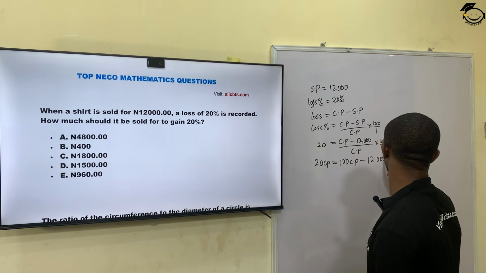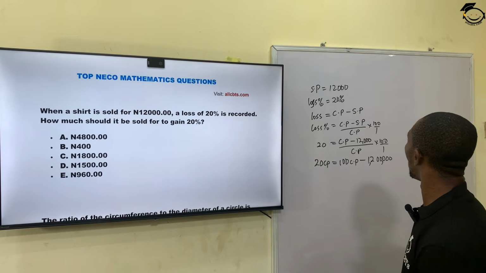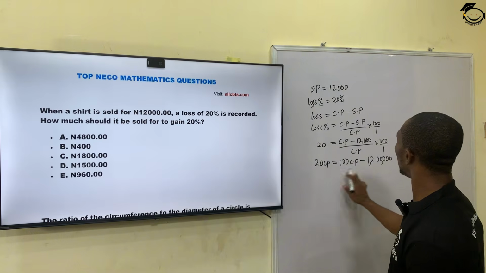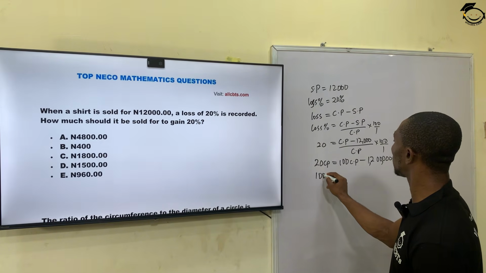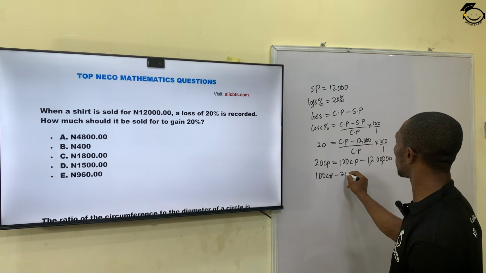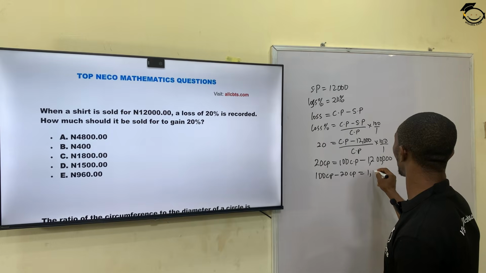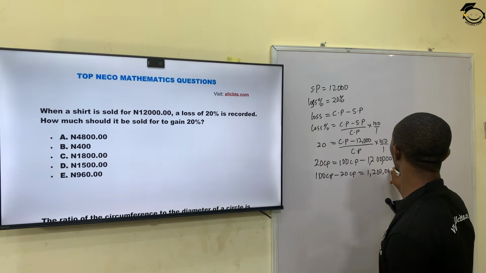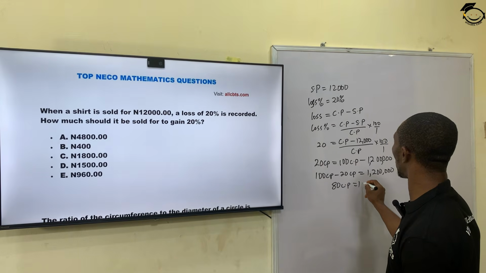That gives us 12 million. Now, having this, we are going to collect our like terms together. This becomes 100 cost price minus 20 cost price equals 12 million. So this gives us 80 cost price equals 12 million.